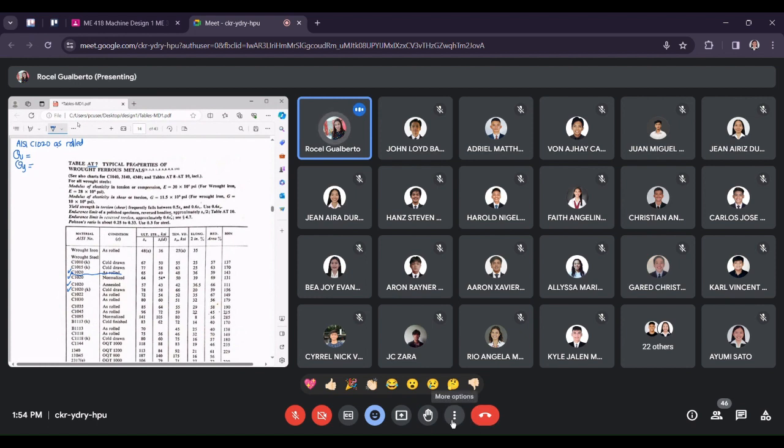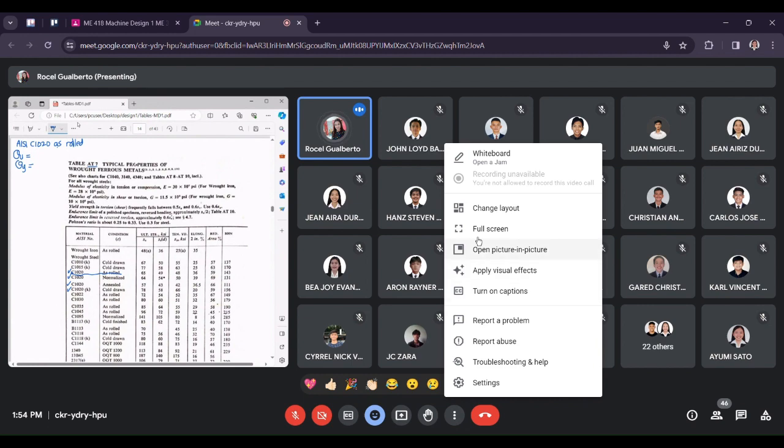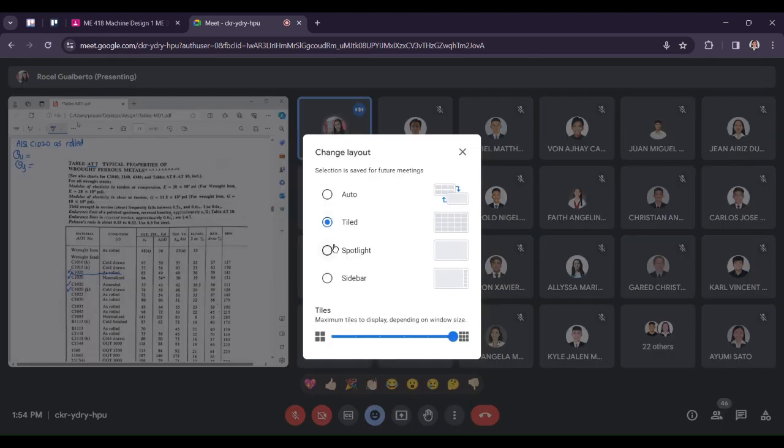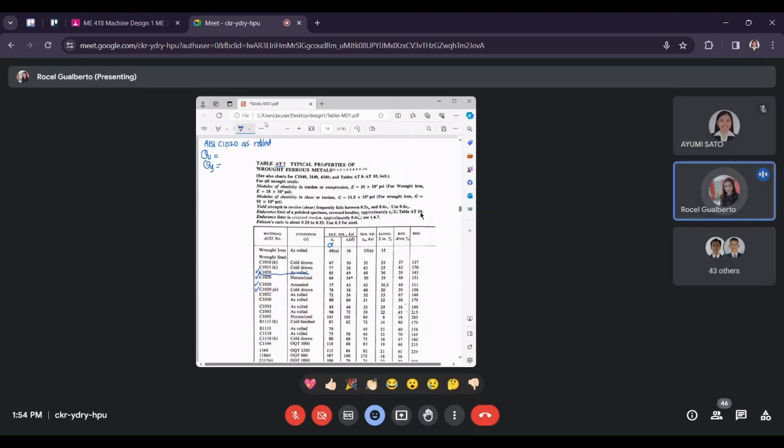Here is the ultimate strength. In the table, what is used is S: SU, SY. But definitely, this is your sigma u. And this one, tensile yield, that is the SY, so this is your sigma y. Sigma u is always higher in value than sigma y.